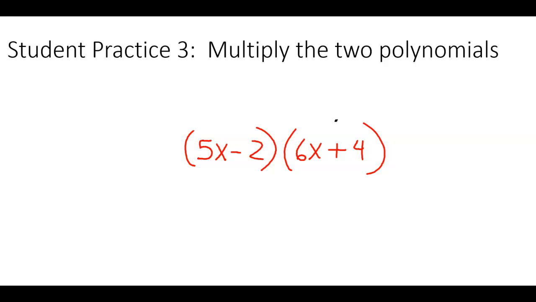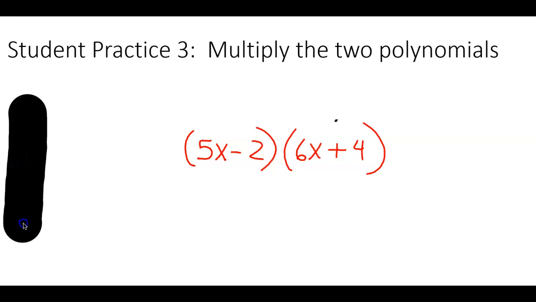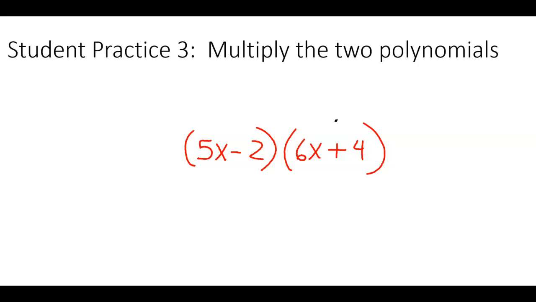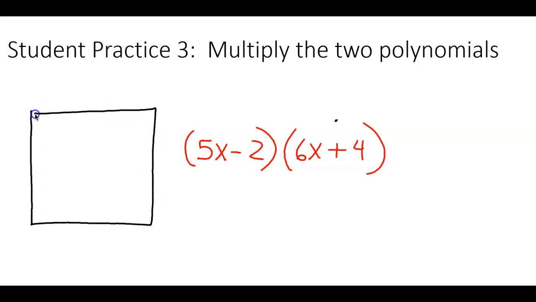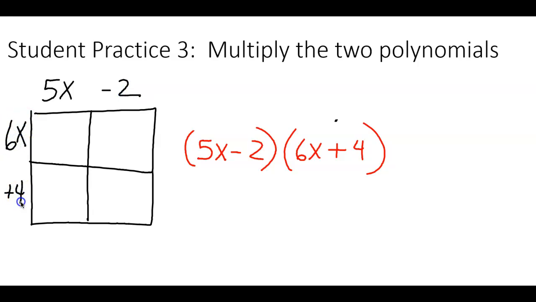All right, let's see what you guys got. Okay, Armani, what goes here? 30x squared.